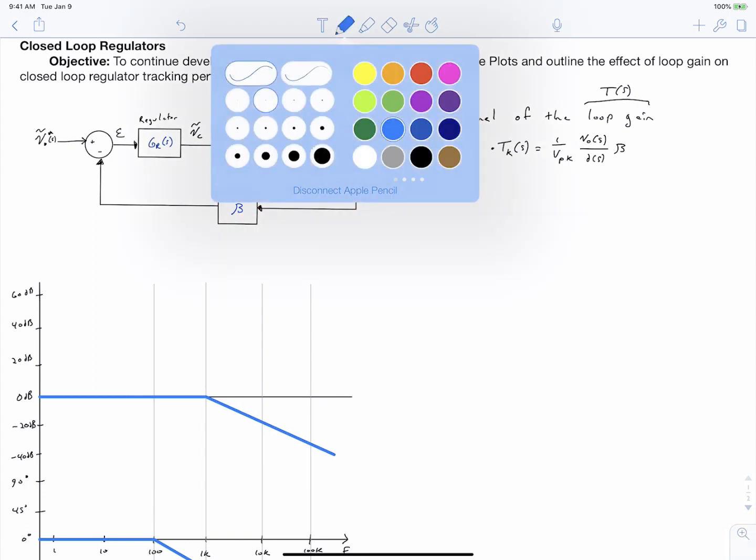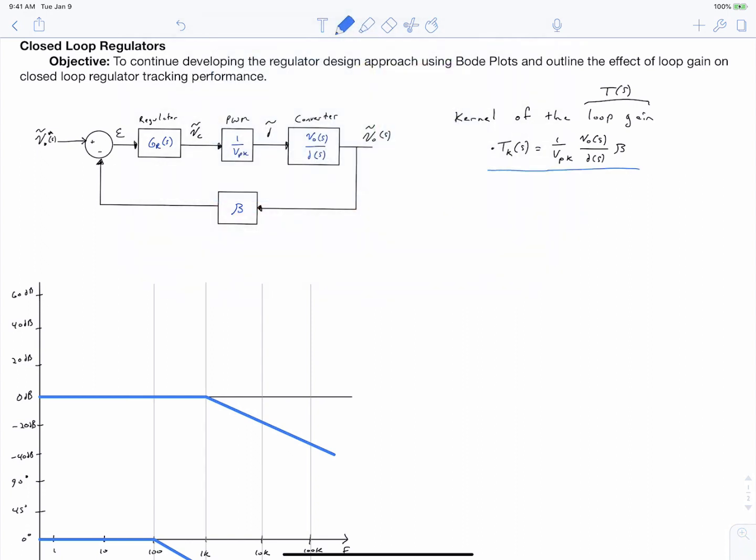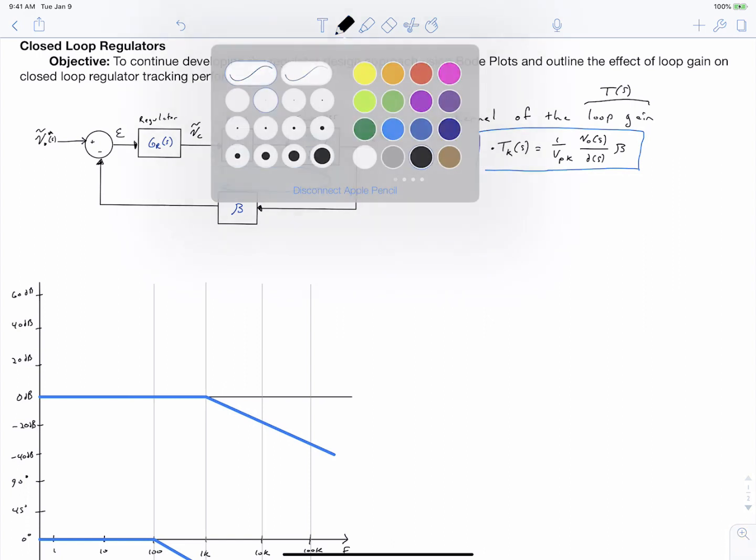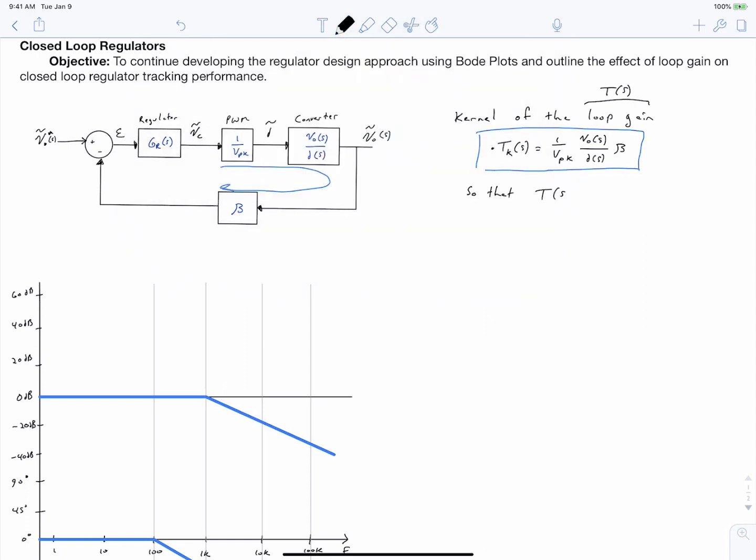So the idea is that the kernel of the loop gain is equal to everything in this path here, but does not include the regulator, so that we can write T of S is equal to our regulator transfer function times the kernel of the loop gain. And this is for convenience. This lets us talk about the circuit simpler.